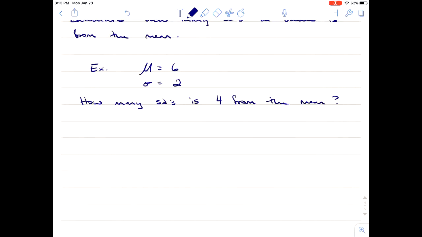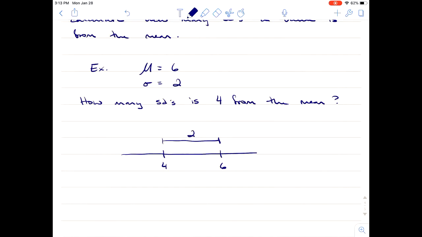We can say, okay, well, 4 is a distance of 2 from 6, right? And you can kind of visualize it by doing just a quick number line here. You have 6 and then you plot 4 on here. That distance is 2, right?